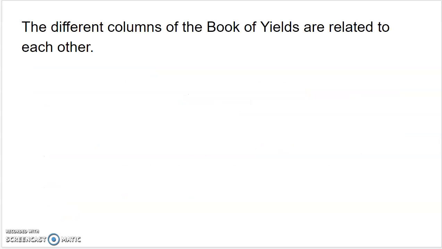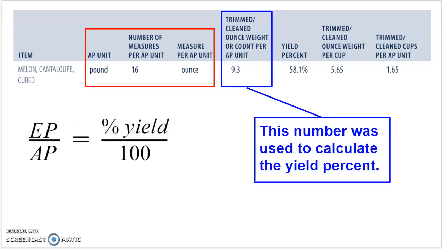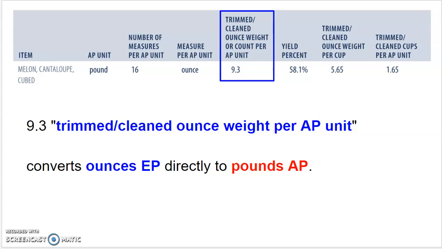The different columns of the book of yields are related to each other. If you look at this column of the book of yields for cantaloupe melon, it says 9.3 under the column heading trimmed clean ounce weight or count per AP unit.